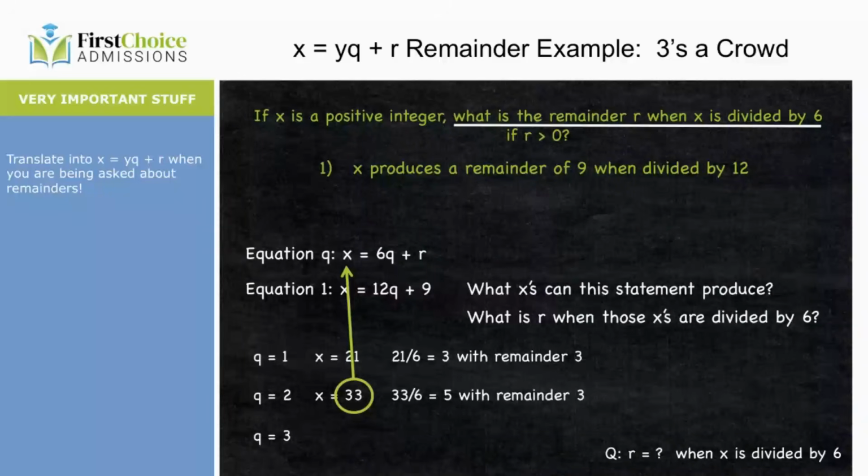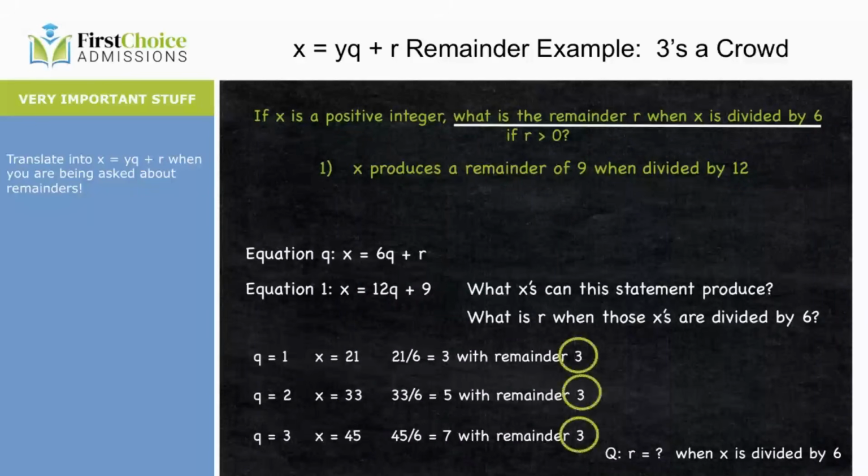If q is 3, then our x becomes 45. 45 divided by 6 is 7 with a remainder of 3. I'm sold. Any x that equation 1 is capable of generating, when you divide that x by 6, you are going to get a remainder of 3. Statement number 1 is sufficient.